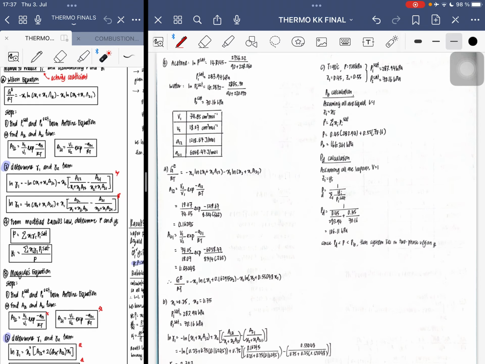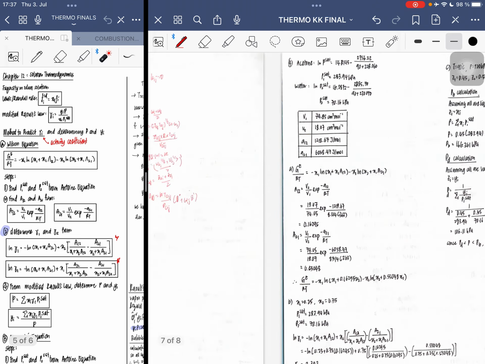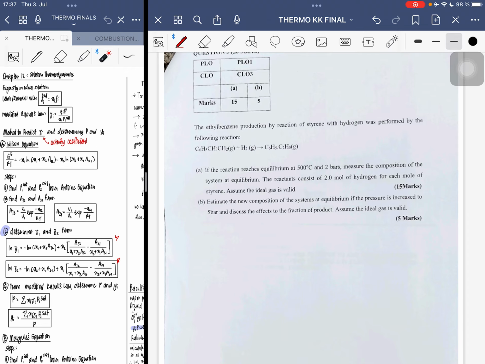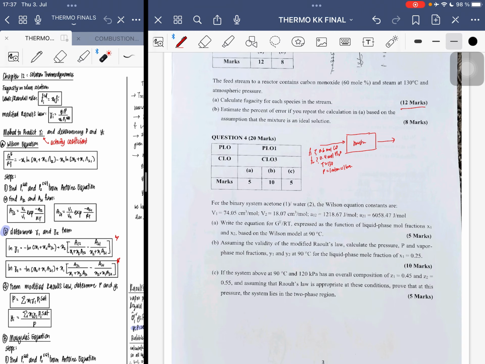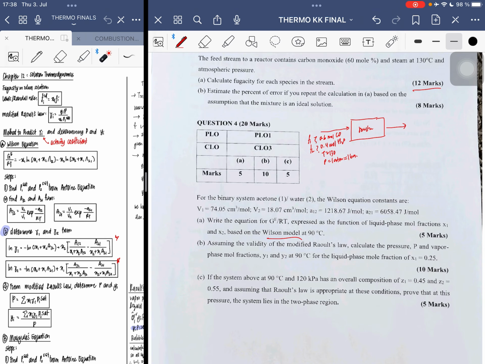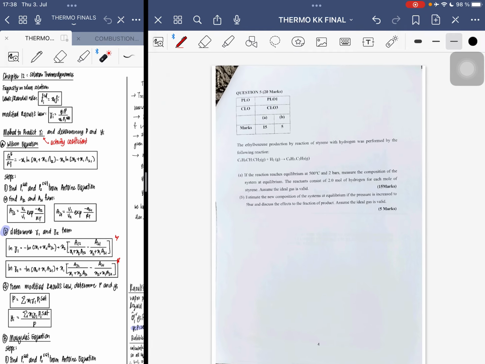So they want you to express the function of liquid phase mole fractions x1 and x2 based on the Wilson model. They didn't give any value for x1 and x2, so in your Wilson equation, you can just write x1 and x2 as x1 and x2, because you don't know the value. So this is your Wilson equation here.